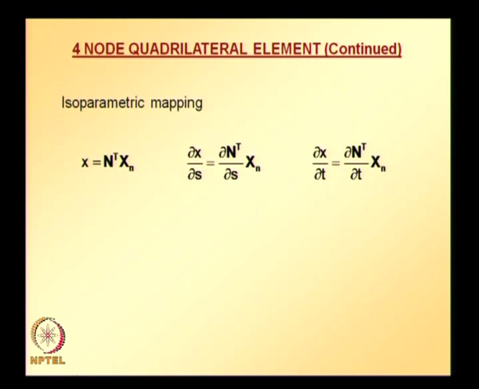N transpose comprises all the shape functions N1 to N4, and xn comprises all the x coordinates of all the nodes x1 to x4. And once we have this relation, we can easily take the partial derivative of x with respect to s and with respect to t.